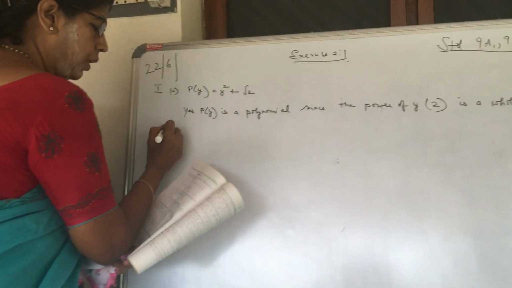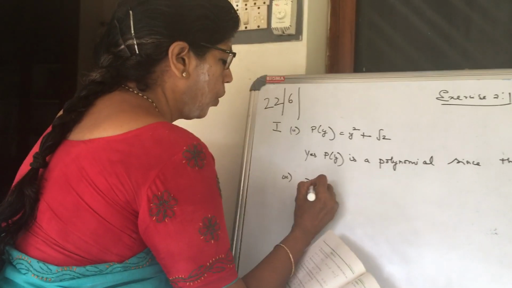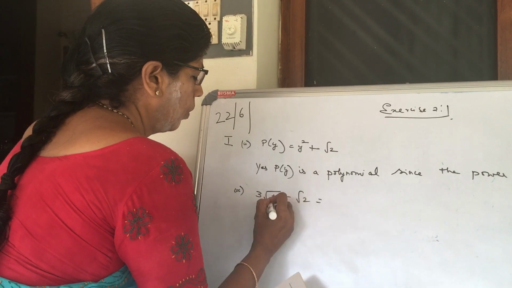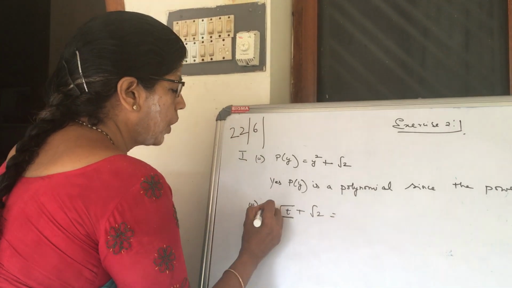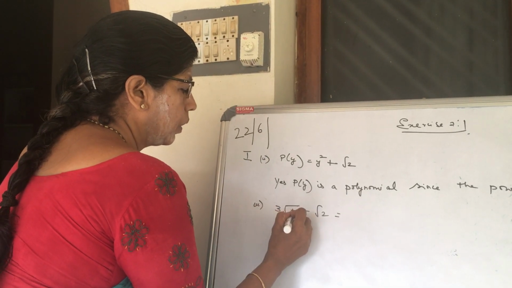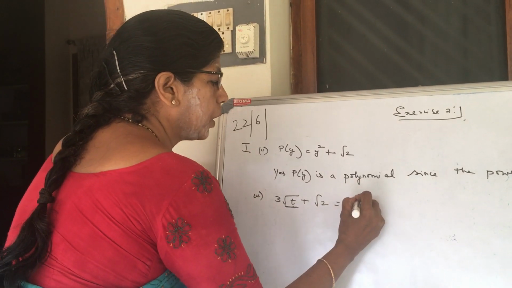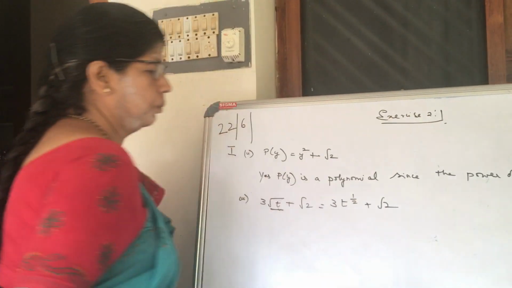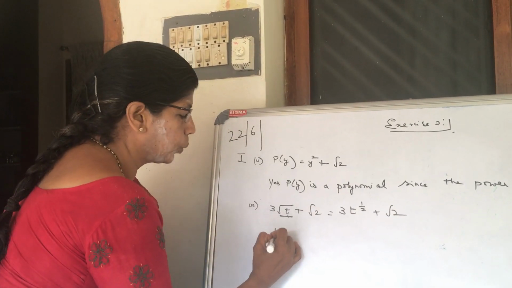Third bit, children, coming to the third question, 3 root t plus root 2. Look at root t. The power is not a whole number. If you write it in power notation, what does it become? 3 t to the power of half plus 2.